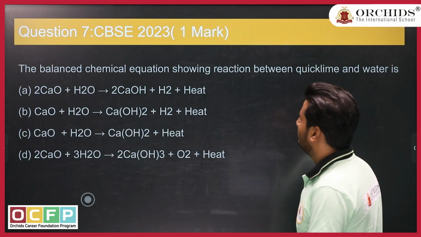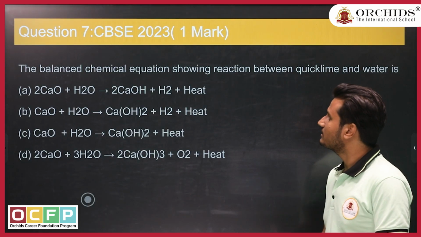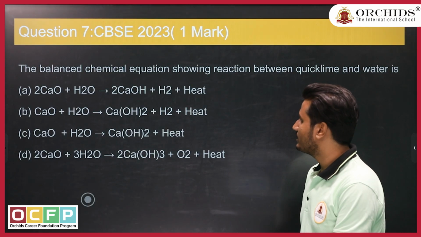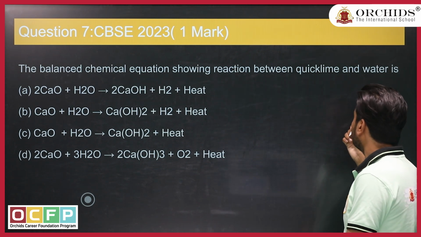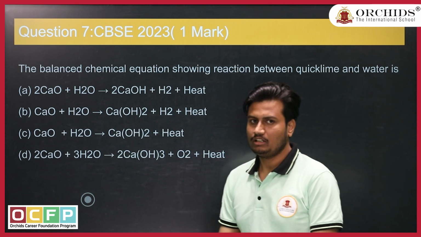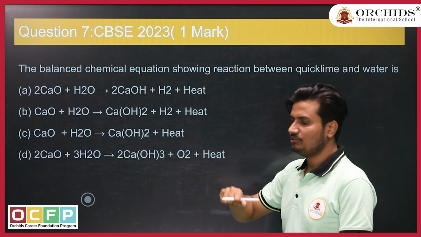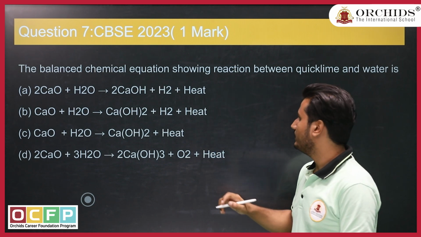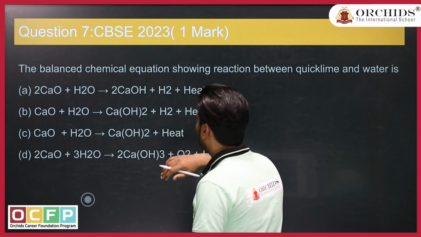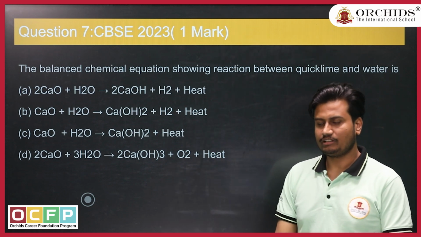This question was asked in 2023, a 1 mark question. The balanced chemical equation showing the reaction between quicklime and water. You must have done this reaction in your lab. It is an exothermic reaction between quicklime and water that produces quite a lot of heat.